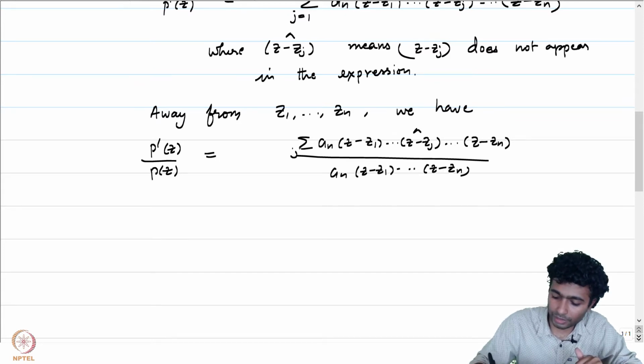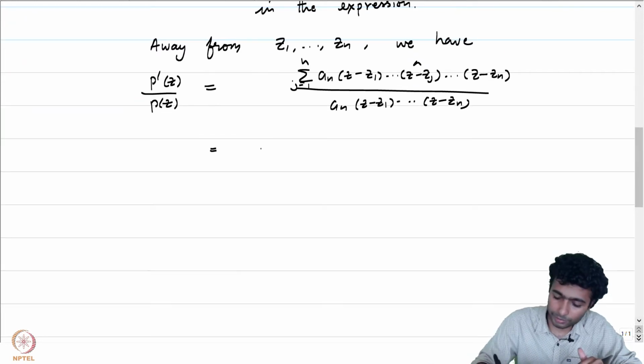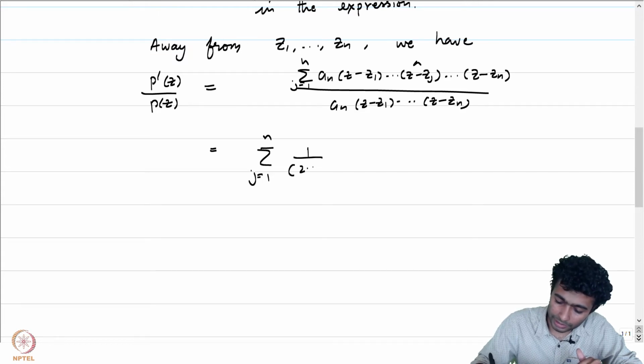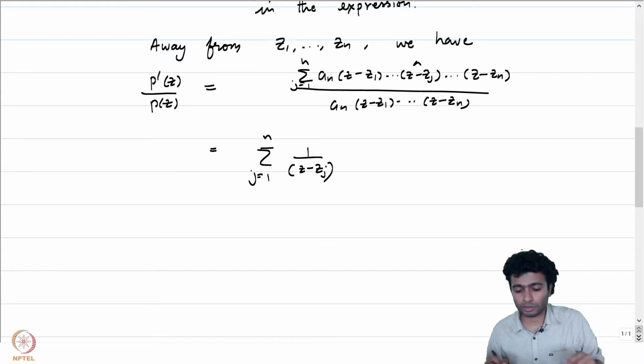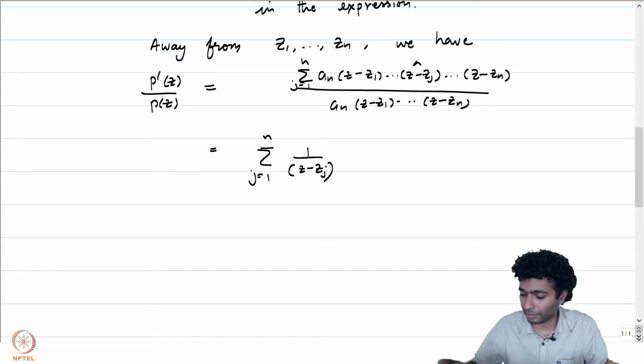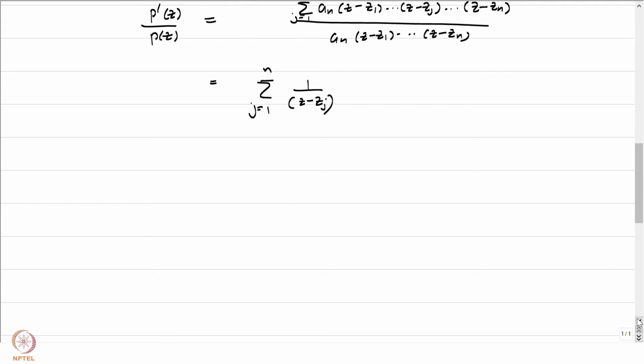And if you write this down explicitly, this is going to be equal to the sum over j equal to 1 to n of 1 by (z minus zj). This is precisely what the function will be away from the points z1, z2 up to zn.